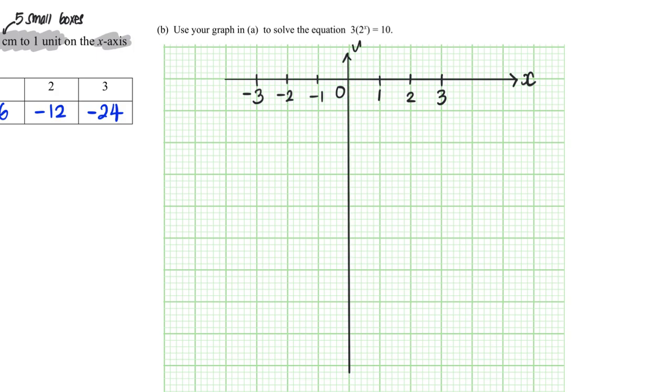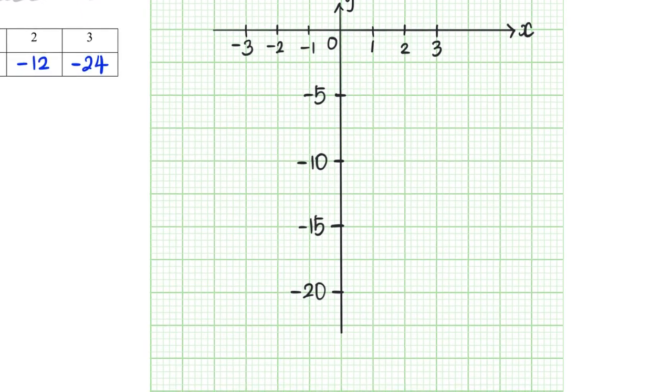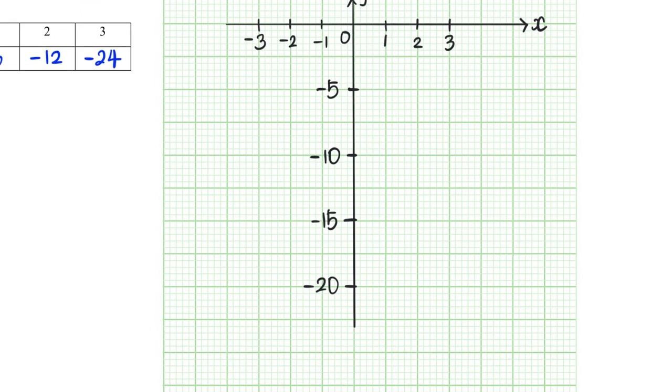So this will be my y. 2 cm means 10 boxes. That will be here. -5, -10, -15, -20, and -25.